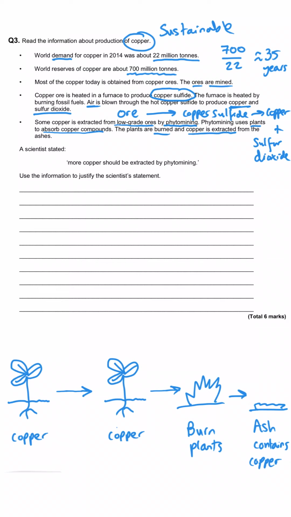And so what will happen is that copper will enter the plants through the roots, through a process of active transport, and then what happens is we burn the plants, and the plants then leave behind the copper in the ash, and that's a way of getting lots of copper without having to dig a mine. So the question then gives us a statement which says more copper should be extracted by phytomining, and then we're told to use the information to justify the scientist's statement.